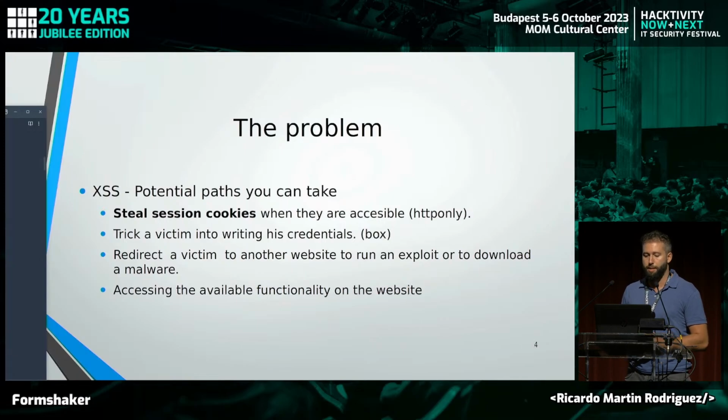You can write a JS payload that will pop up a window, so the user is asked to write his credentials, and then we collect them and send them to a location under our control. Another path is to redirect a victim to another website to run an exploit, or to download malware to compromise his computer. And then there is another path, which is accessing the available functionality on the website.